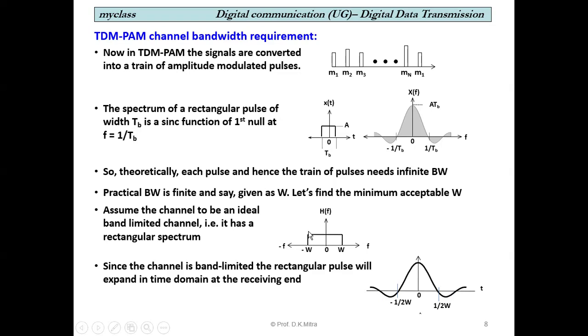Similarly, if the channel frequency domain is like this, then when a rectangular pulse passes through the channel, it expands infinitely. And its first null is at 1 by 2W, second null, and this side also minus 1 by 2W. And mind it, this is the time axis. That means for the rectangular pulse, which was 1 by 2 TB, the first null will become 1 by 2W, the second null at 2 by 2W, and it will go infinitely.